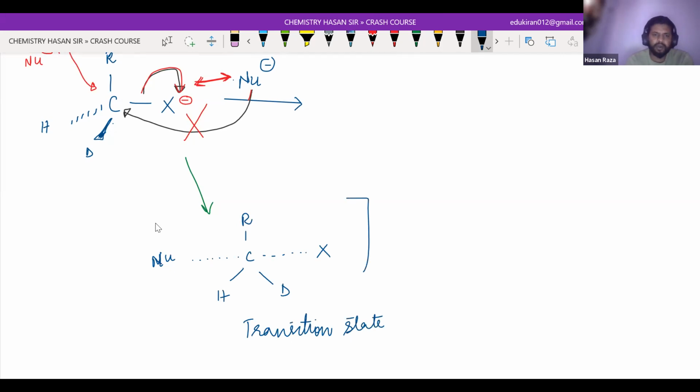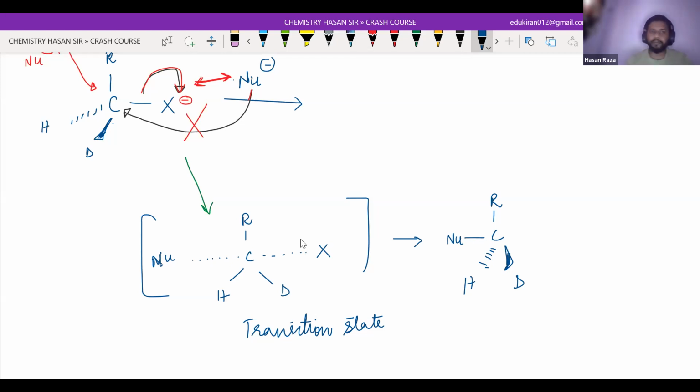And after this, what will happen? You will see. The nucleophile will be attached opposite to the X. Wherever X was, the nucleophile is attached opposite to the X. H is here and D is here. And you can see, I told you what is inversion.